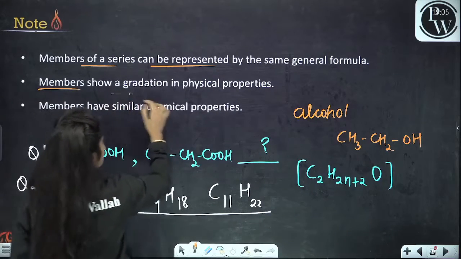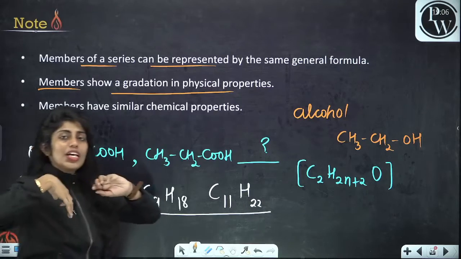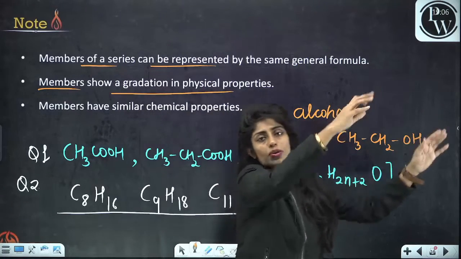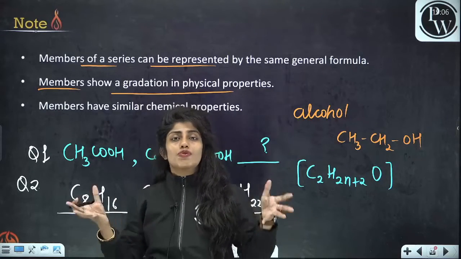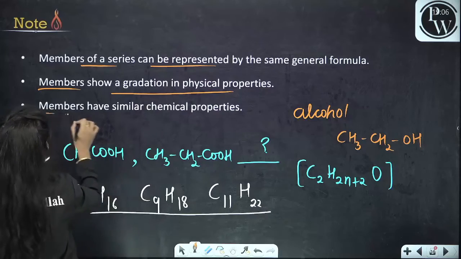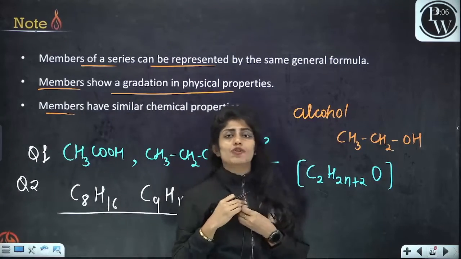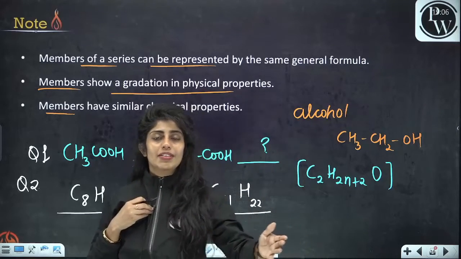Members show a gradation in the physical properties. Of course, if the hydrocarbon chain is getting longer and longer, it will affect the melting point, boiling point, and solubility, which are the physical properties. Done. Now, members have similar chemical properties. Of course, they belong to the same family.